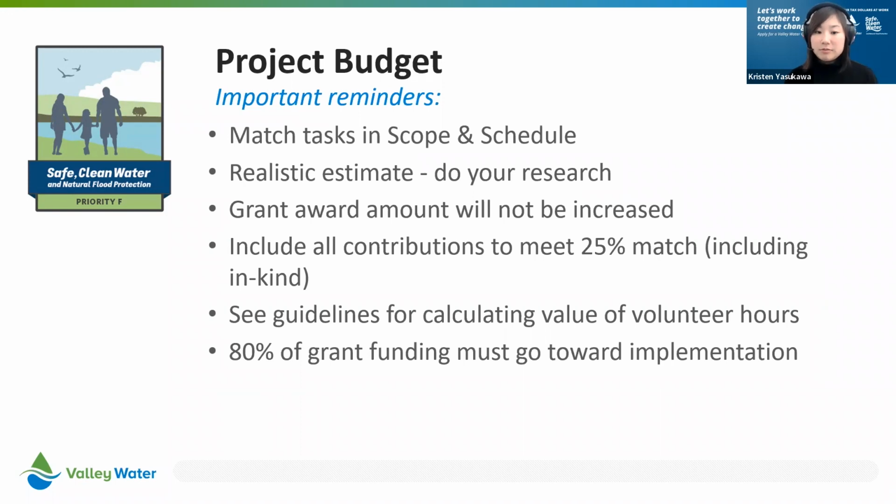Volunteer hours means that the people performing that work are doing so without being paid, but we do use a value for their time. I think the link to that is included in the standard grant guidelines. I'm not sure if anyone might be able to pull that from our website and drop it in the chat, but I think it's around $34 this year, but I would just refer to the standard grant guidelines.